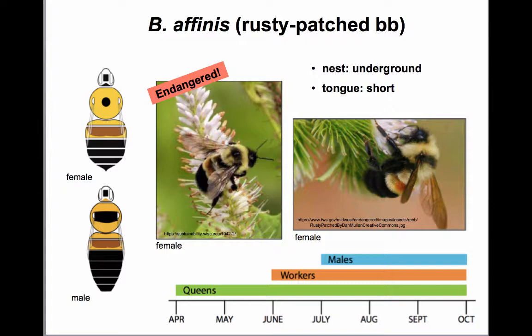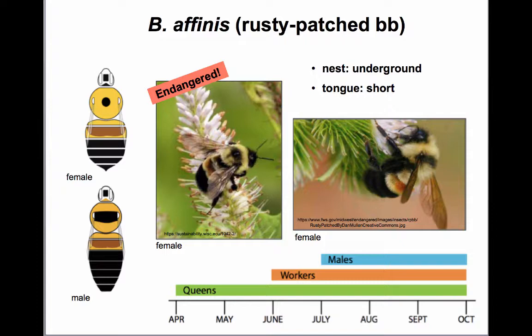Bombus affinis, the rusty patched bumblebee, looks similar to some of our other ones in that T1 is all yellow, but on T2, think of it as yellow with a rusty patch set into the top middle part of the segment.